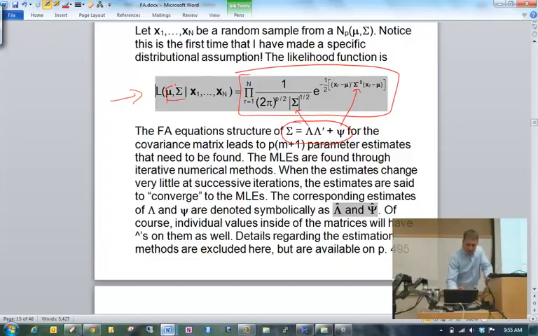Then instead of having a mu and sigma on the left-hand side as what the likelihood function is a function of, I now have lambda and psi instead. So to find the maximum likelihood estimates for these lambdas and psi's, what do I do? I find the lambdas and the psi's that make this likelihood function as big as possible.